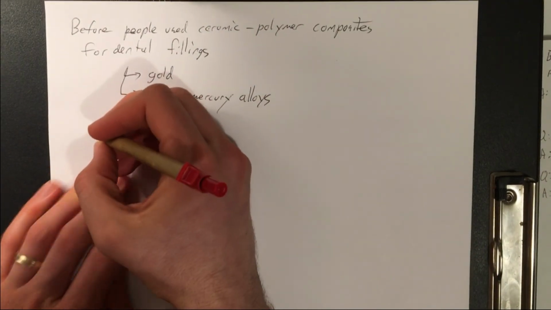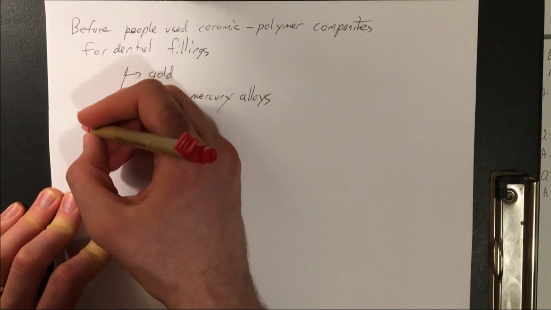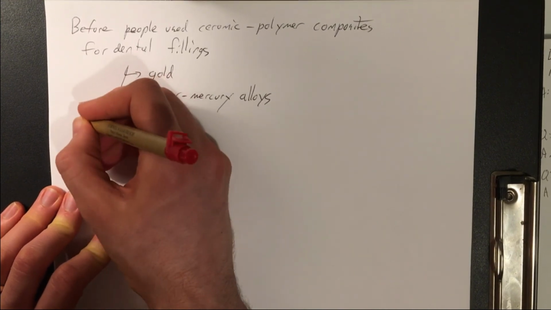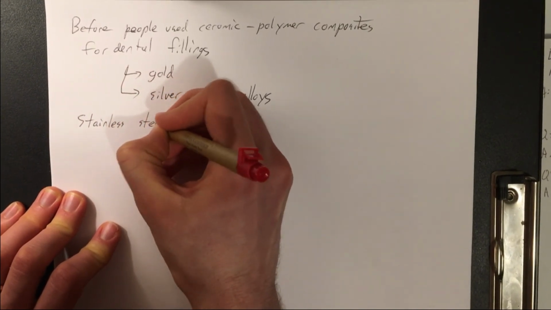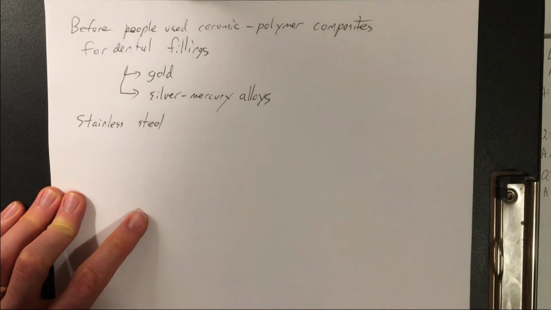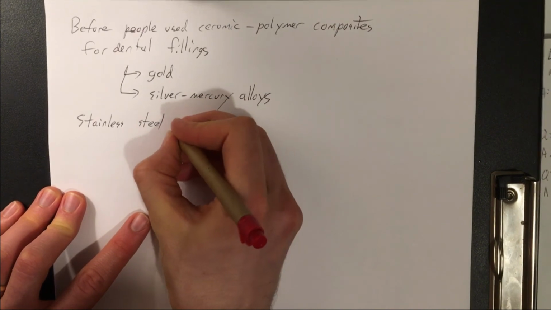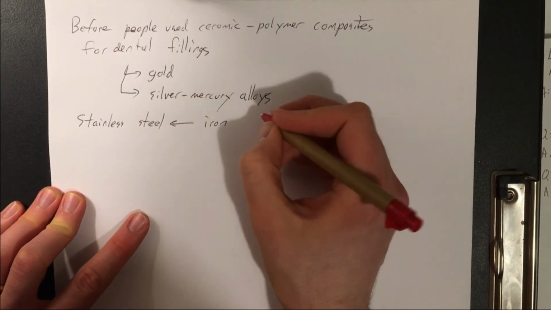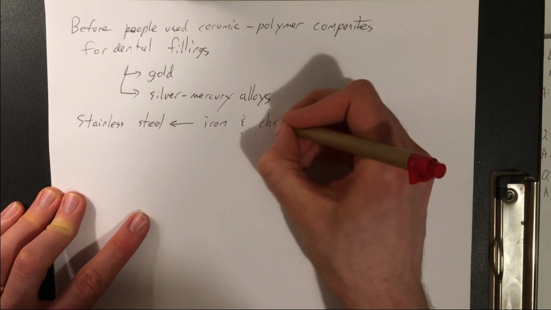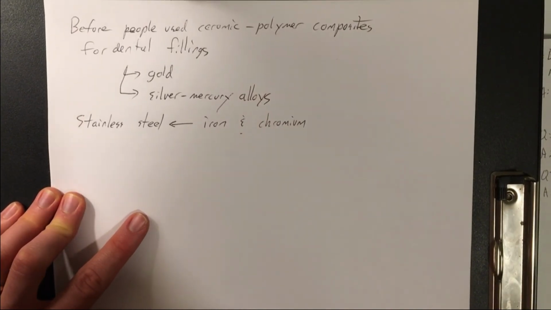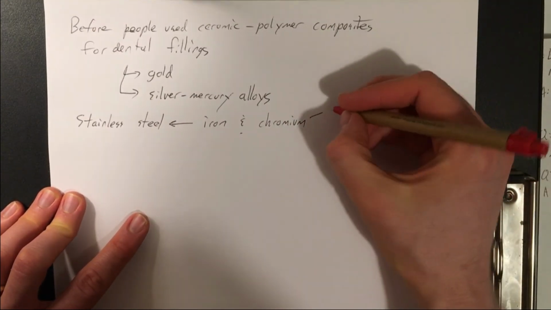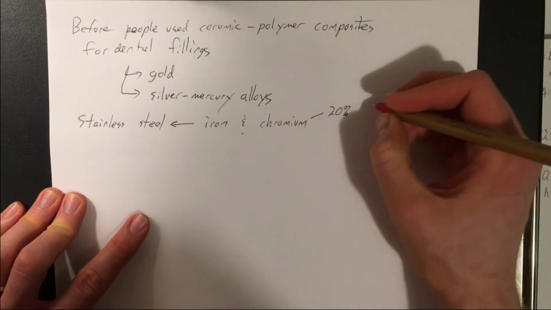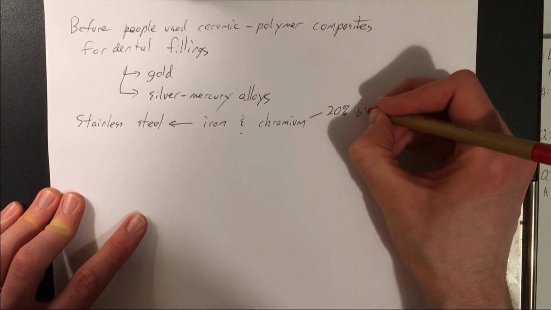Alternatively, we could think about different strategies for protecting against corrosion. So we might think about stainless steel. And the key thing that differentiates stainless steel from just normal steel is that it's made from iron and chromium.